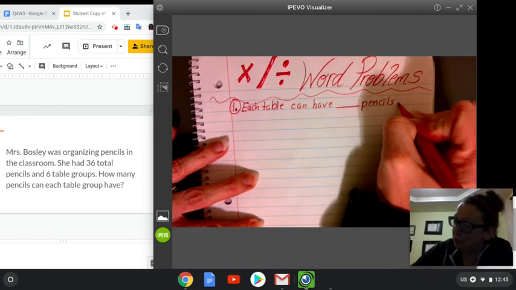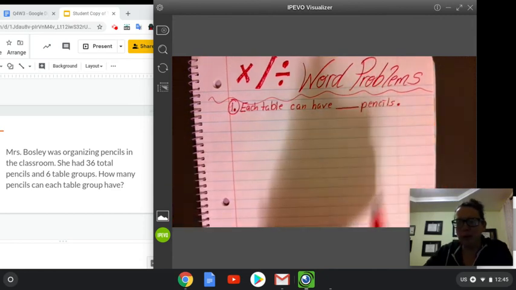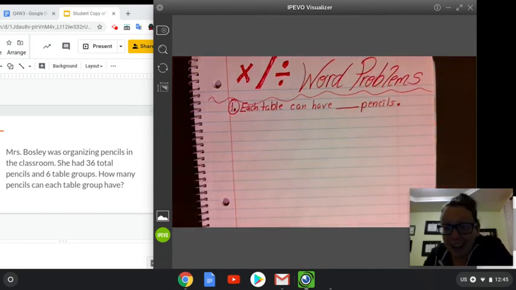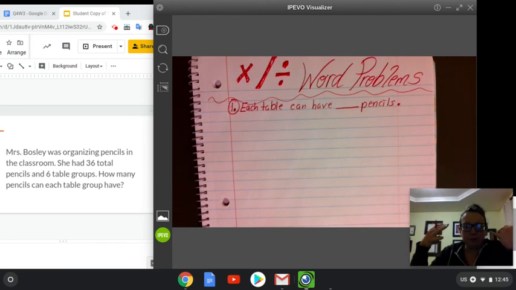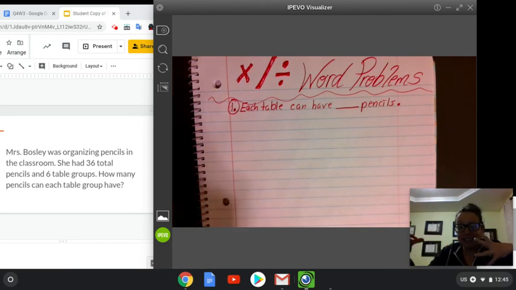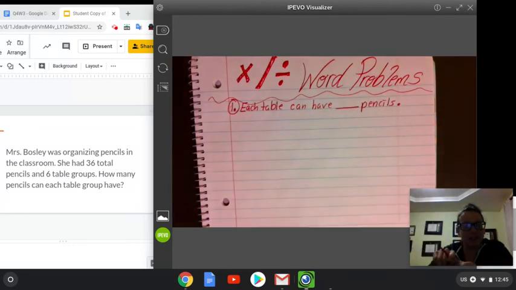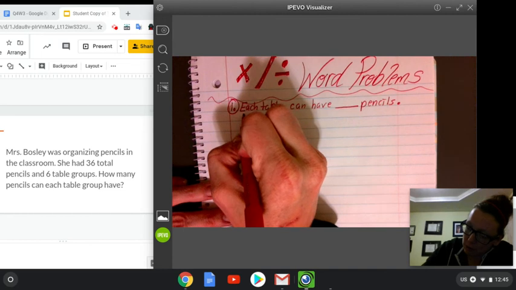That way I know that I'm looking for a certain number of pencils. Now, I want to start by organizing my information. What do I know? And how can I use that to make an equation to help me solve this? It says I have 36 total pencils.